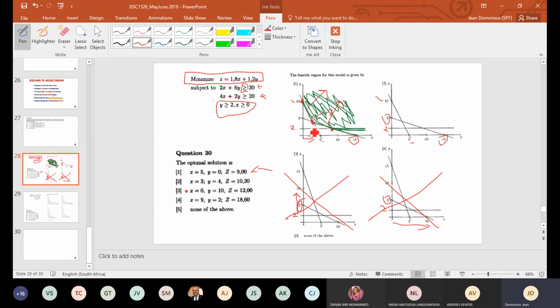To get those 2 points, so that one is going through y is equal to 2. Okay. But here I needed to find out what is that point. So I needed to use that equation. So if I used that equation, I needed to say 2x plus 6y is equal to 30.